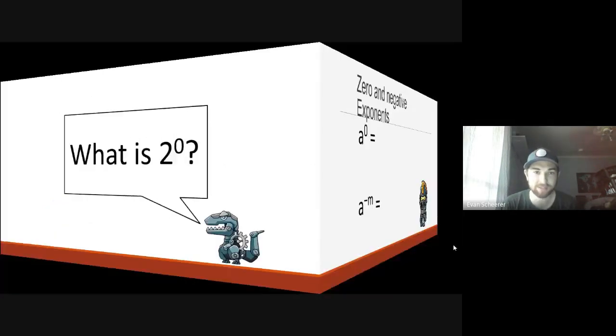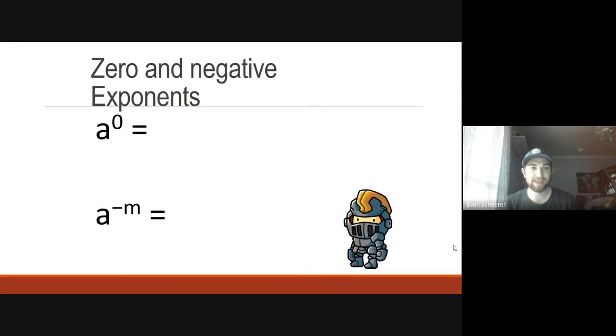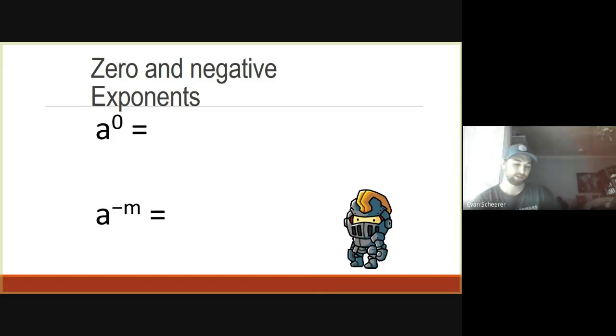So that's telling me and telling you guys that any number to the 0 power is always, always, always going to equal 1. So let's write that down. A to the 0 power equals 1. Easy, right?